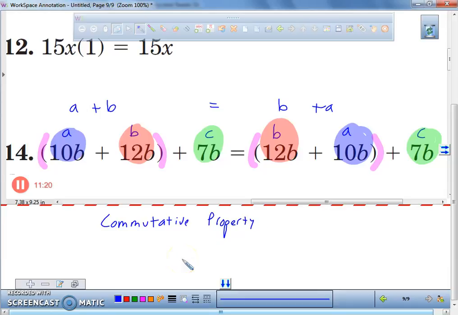Label things, color them, see if they moved, all right? If the numbers move, it's the commutative property, right? And this one is addition. If the parentheses move, it's the associative property. It's like the grouping is changing, okay? All right? I'm going to go ahead and shut this one down for the day.